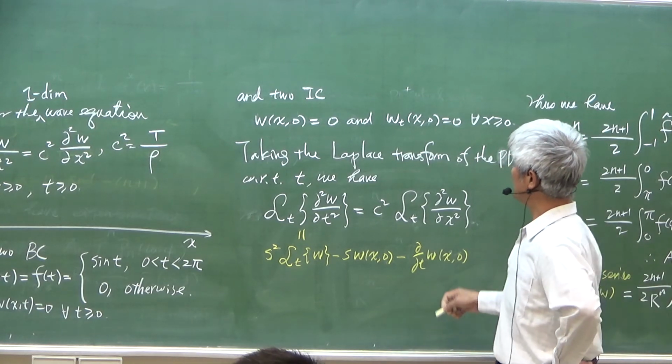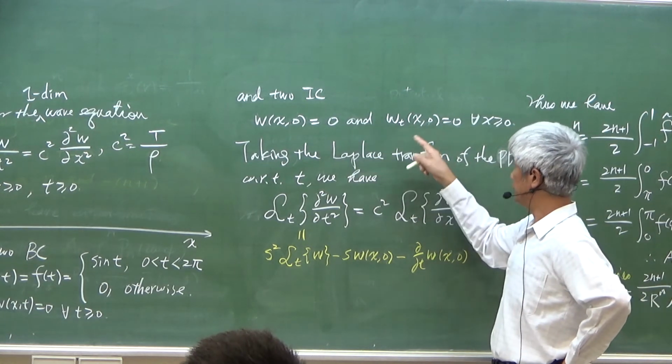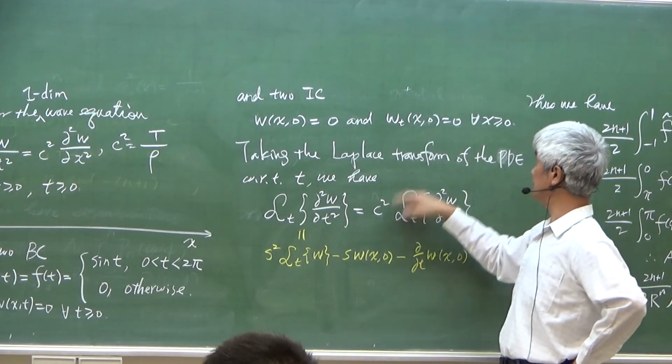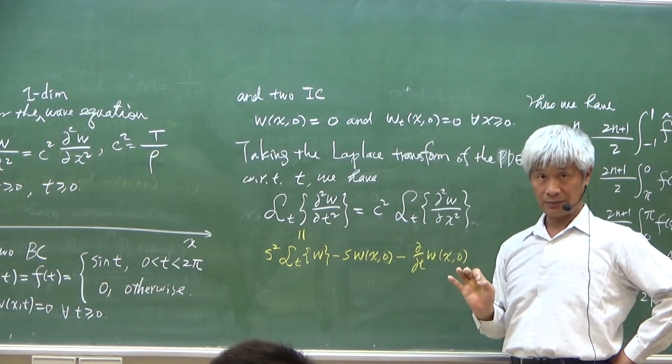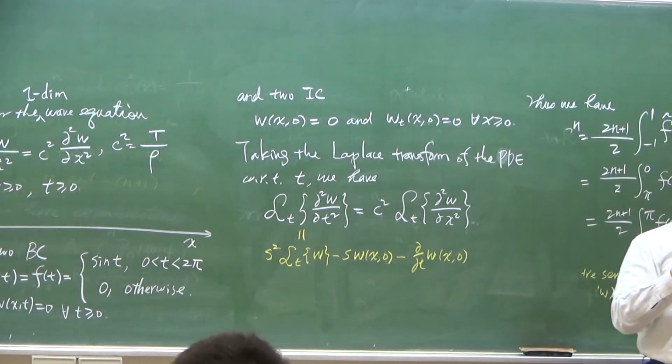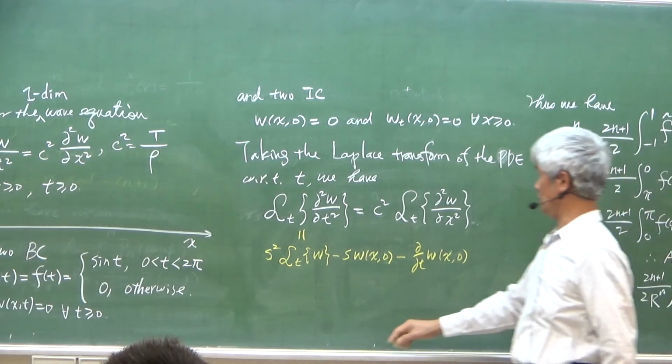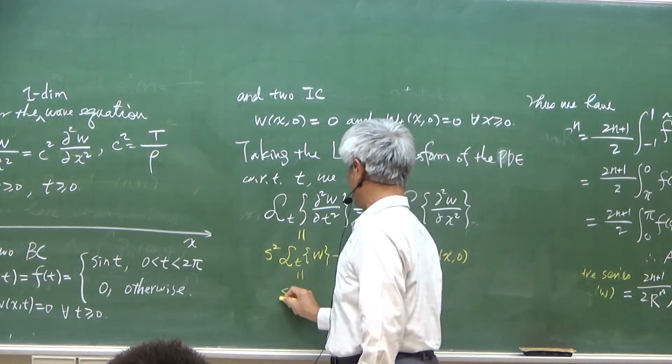As we know, the initial condition gives us 0 displacement and 0 velocity. All right, we have 0 initial displacement and 0 initial velocity, so we have the S squared.